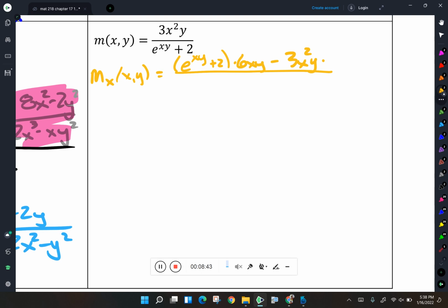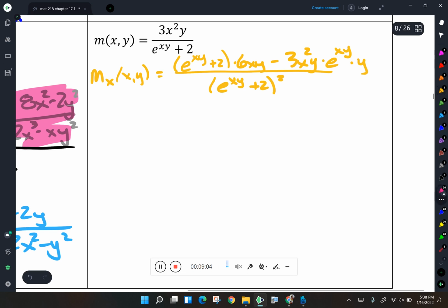Let's see, that's going to be, well, the 2 doesn't matter because it's a constant, it goes away. The derivative of e to the xy is going to be e to the xy times the derivative of that exponent with respect to x, which will be y, over the original denominator squared. And so now I'll do this distribution and I'll clean up that multiplication and see what happens.